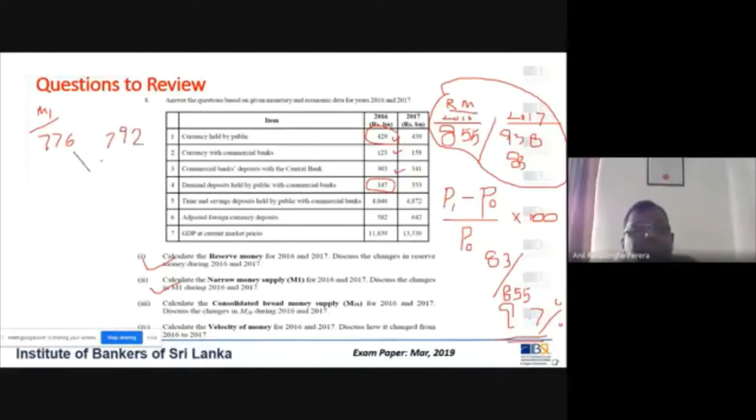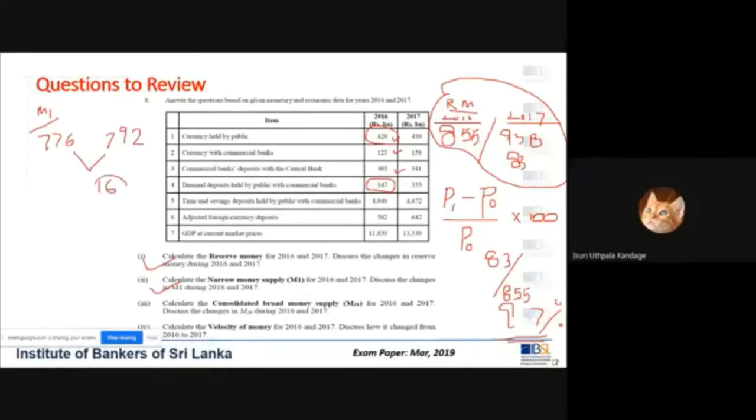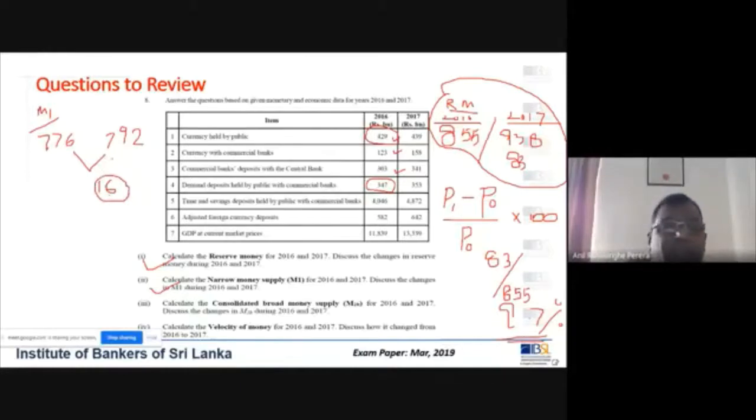So what is the difference between the 2 years? Money has increased by how much? M1 by about 16 billion. Similarly, you can calculate the growth rate as well. Okay, that is also a possibility.